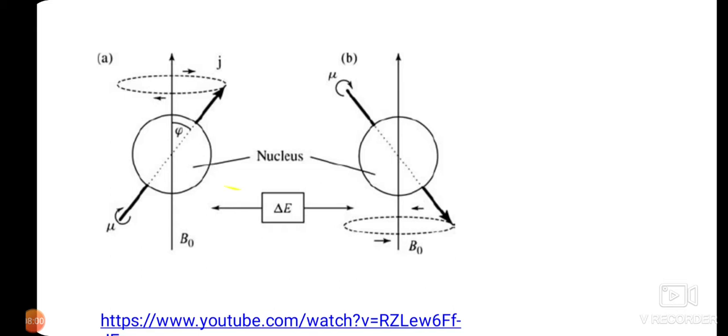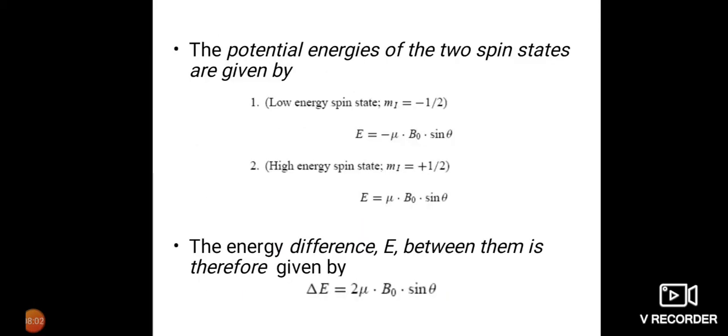Now, as I told you, at lower energy, when it is not excited, it is going to have a plus half spin, and it will have an energy content E equal to minus mu dot B naught sin theta. Here mu is the magnetic moment, B naught is the applied magnetic field strength, and theta is the angle.